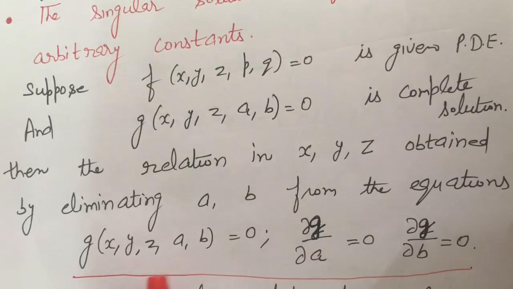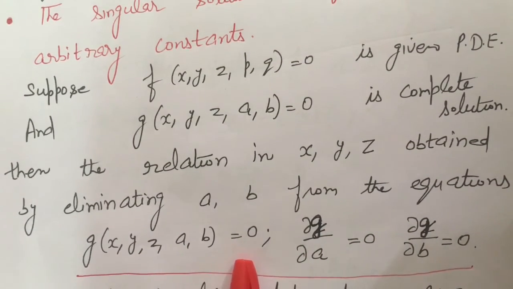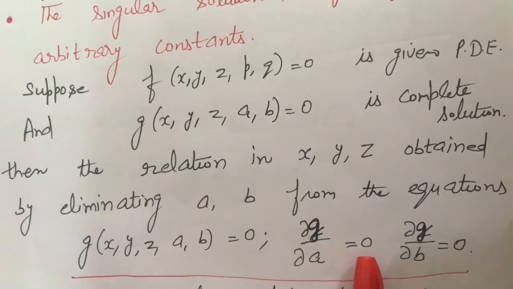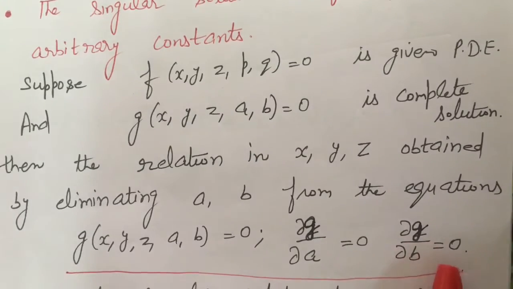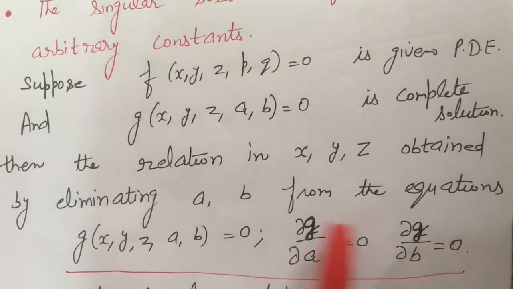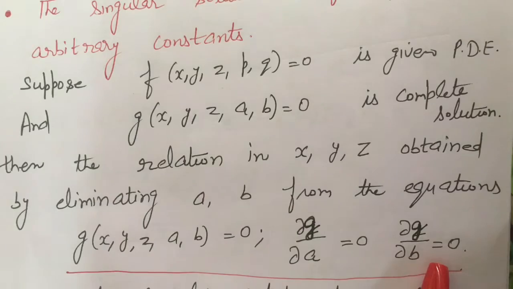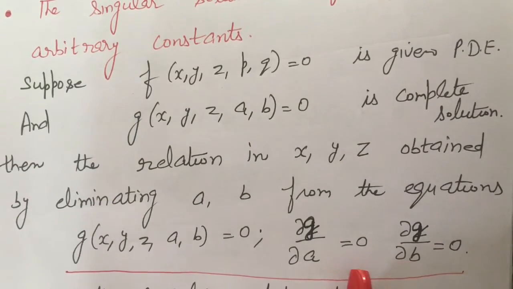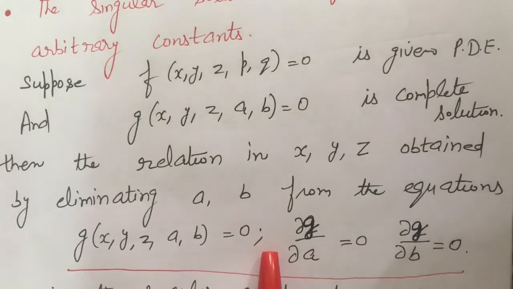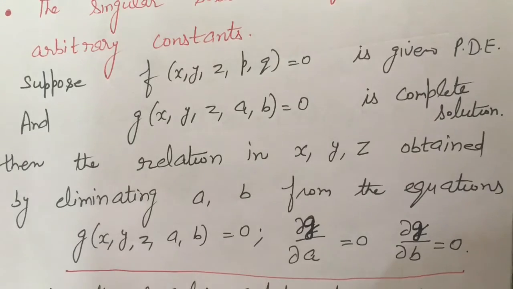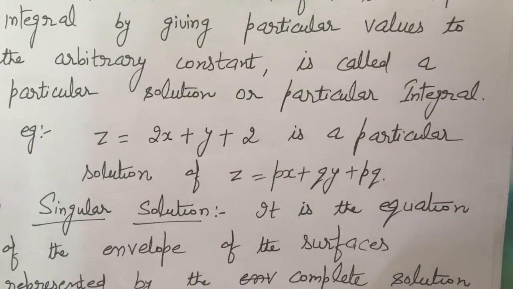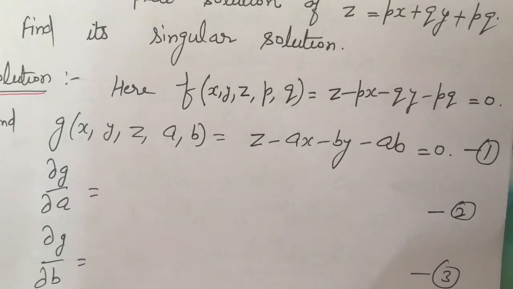What we will do, we have given one relation and we find first order derivatives: ∂g/∂a equal to 0, ∂g/∂b equal to 0. By using these three equations, we eliminate the arbitrary constants a and b, and the relation provided will be the singular solution of the given PDE. It can be illustrated by an example.